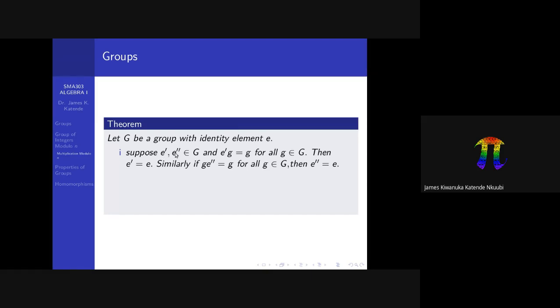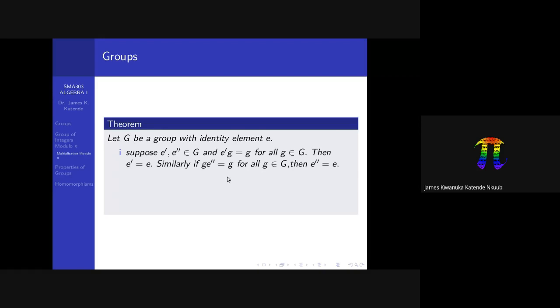We label one E prime and the second one E double prime in G. And it turns out that E prime G is equal to G for all G in G. Then we must conclude that E prime is the same as the identity element. In other words, if anything behaves like the identity element, it must be equal to the identity element.